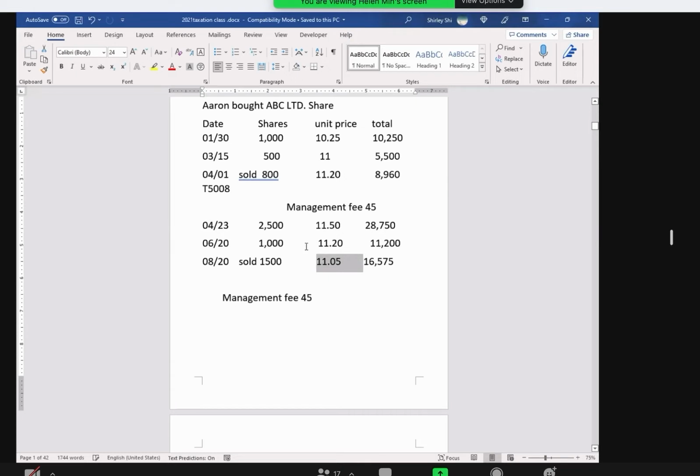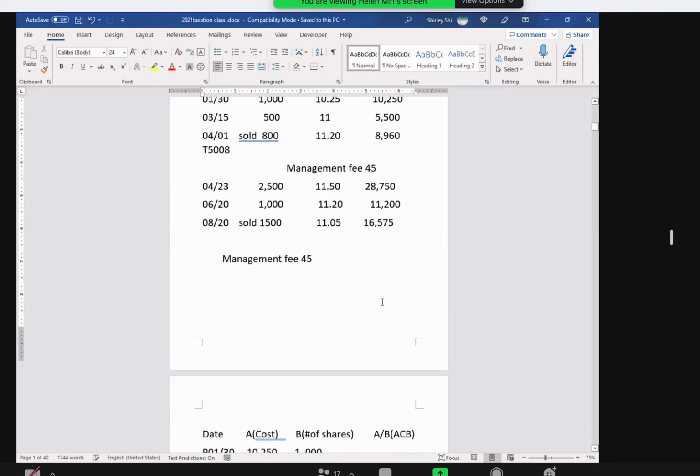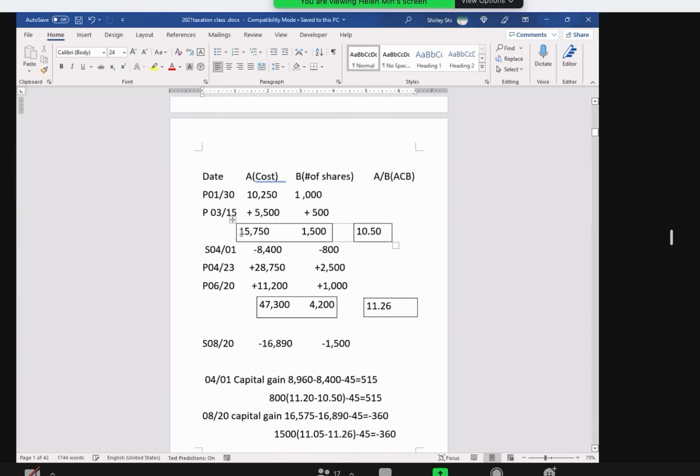Then in this case, if you lost, the CRA deems it not a capital loss. It is deemed a superficial loss. So what a superficial loss is, you don't need to calculate your capital loss.